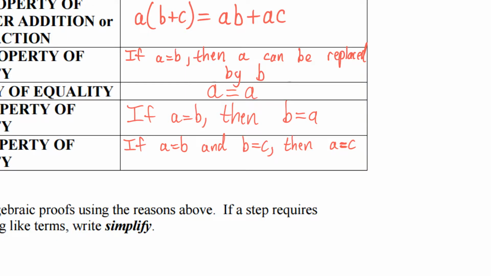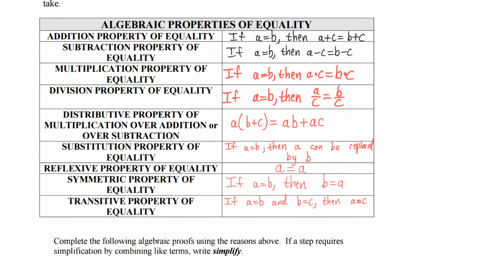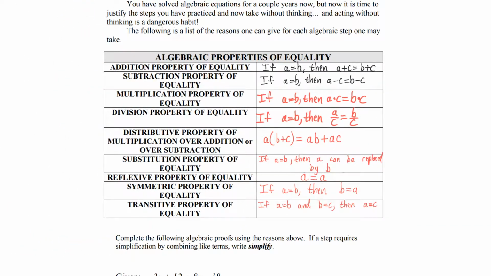B's the middleman. Okay, so we have stuff defined here, so we can use these now as we work through our algebraic proofs.